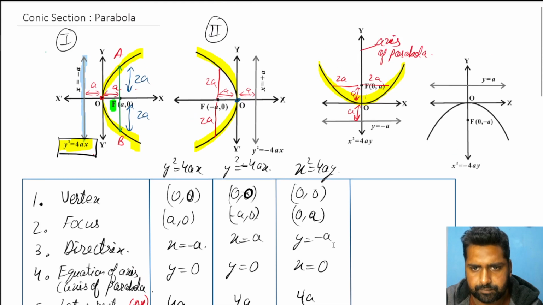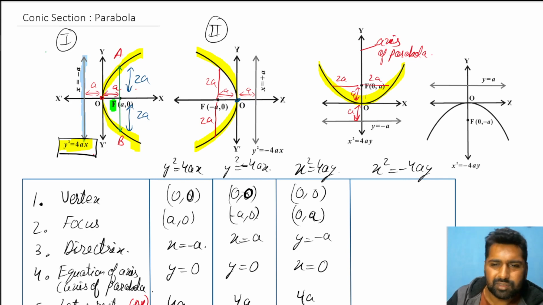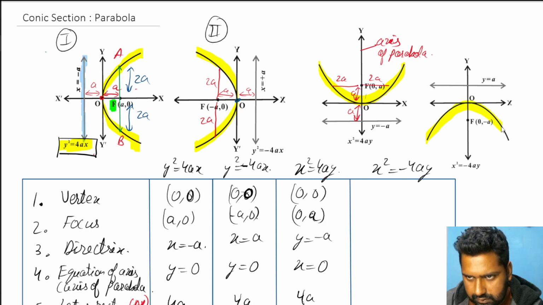All right, lastly x square equal to minus 4ay. Now again, with the effect of negative, what does a negative do? It's just doing mirror image of it about the axis. It was above the x-axis, now it will be below the x-axis, like that.